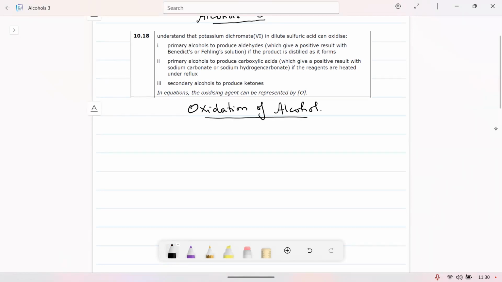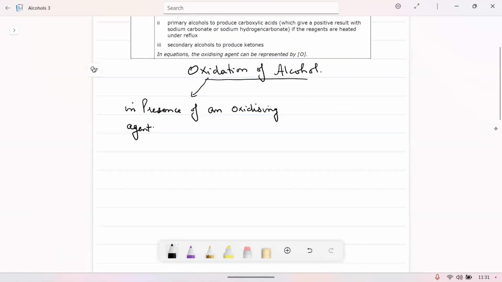Now, before we go into the details of this topic, we need to understand that oxidation needs to take place in presence of an oxidizing agent. So you need an oxidizing agent for the reaction to take place.